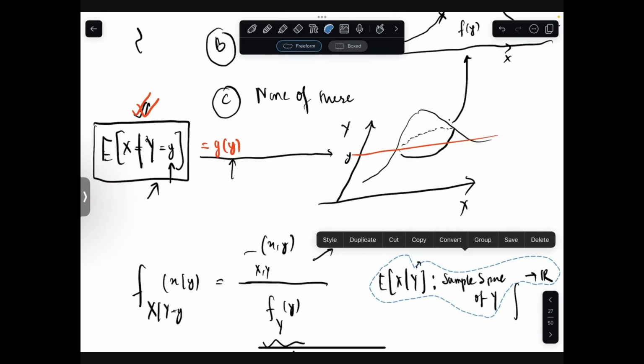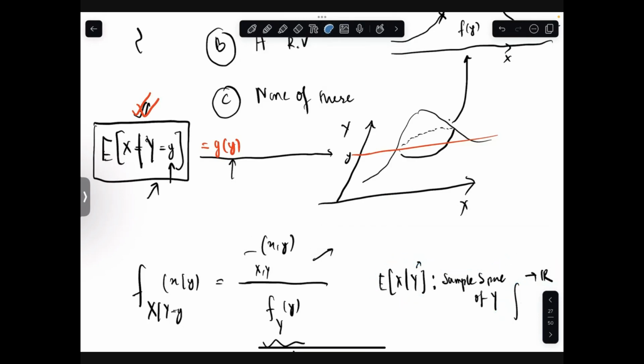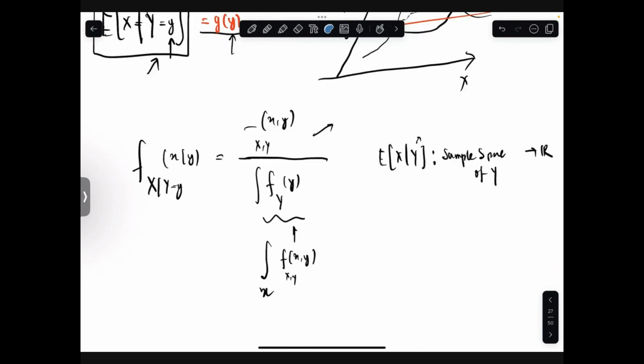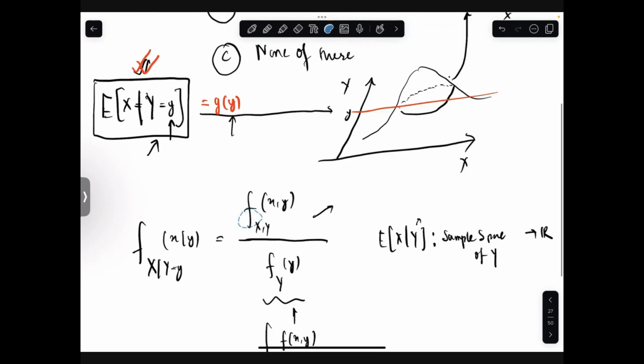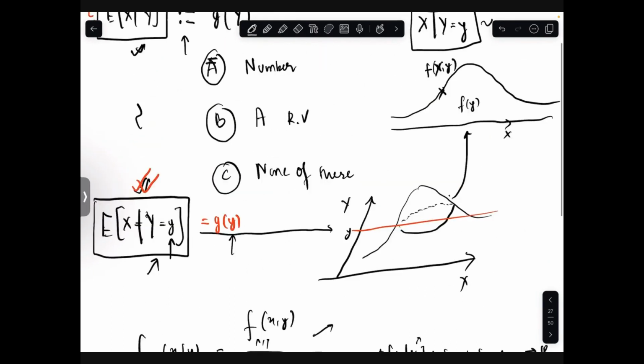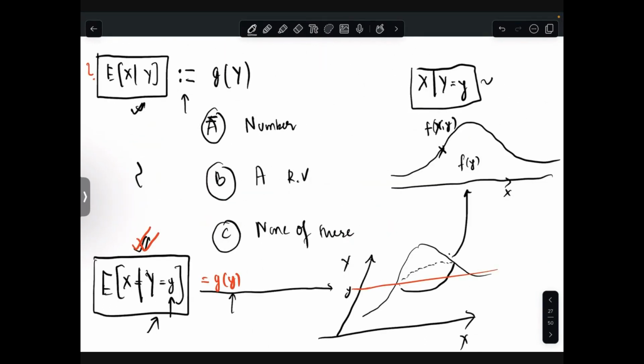That means it's a function of y. You see, therefore, input is small y, the output is something else. So if you take input y and output something else, that is a function of y, right? And since y is the variable, which is nothing but an outcome of capital Y, therefore it is nothing but a function of capital Y.